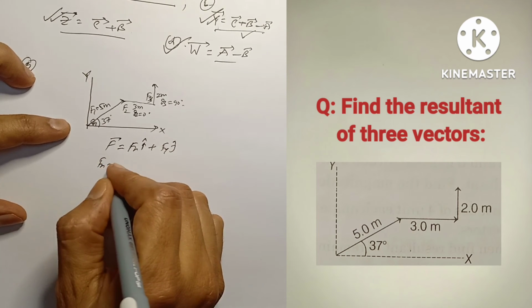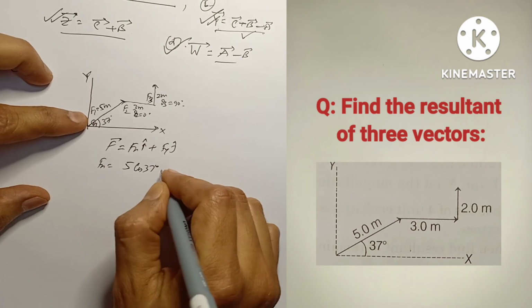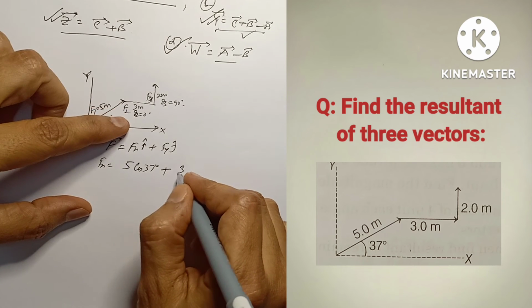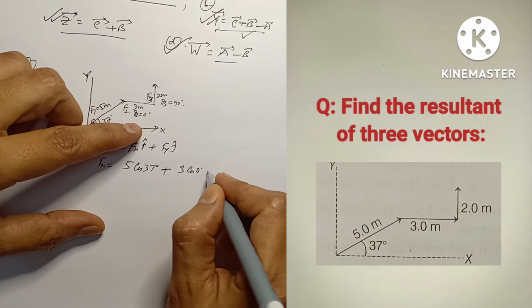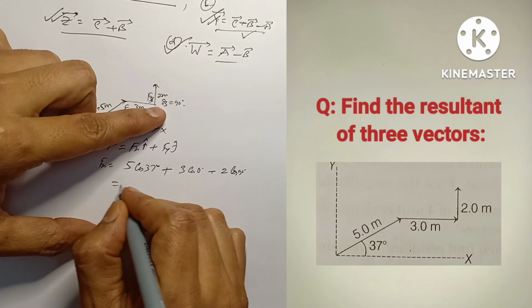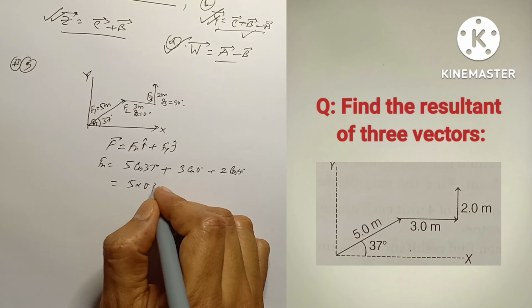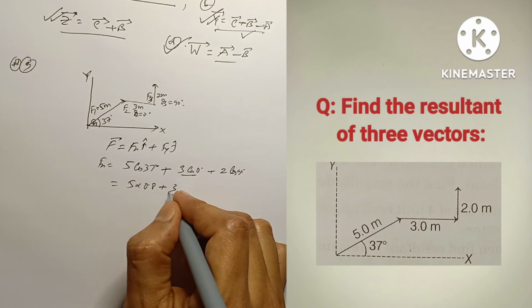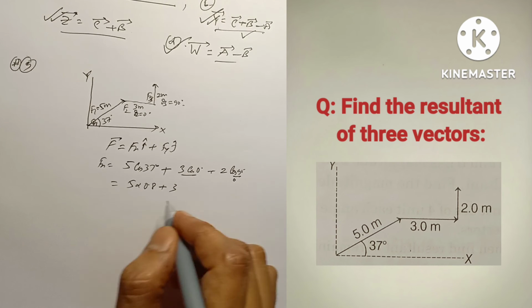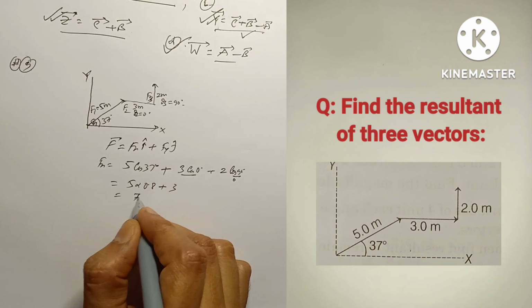So fx equals f1 cos theta 1 plus f2 cos 0 degrees plus f3 cos 90 degrees, that is 5 cos 37 degrees plus 3 cos 0 degrees plus 2 cos 90 degrees. Cos 37 degrees is approximately 0.8, cos 0 is 1 and cos 90 degrees is 0. So we get 7.